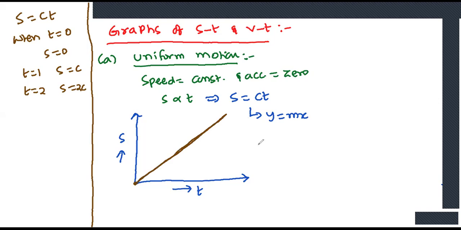That is the shape of y equal to mx. It is a straight line passing through the origin, with positive slope.